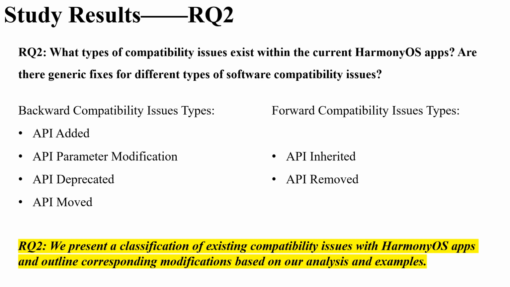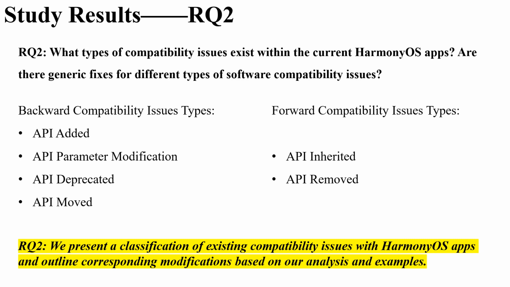These were subsequently categorized into backward and forward compatibility issues. We present a classification of existing compatibility issues with HarmonyOS apps and outline corresponding mitigation based on our analysis and examples.